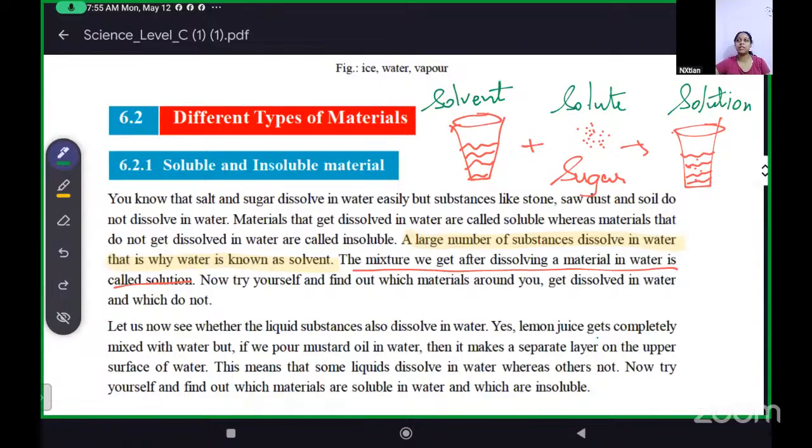Now there are some substances which are completely dissolved in a liquid, but some substances are insoluble. What happens to them is that they either float on the surface of water or sink down at the bottom of the water.